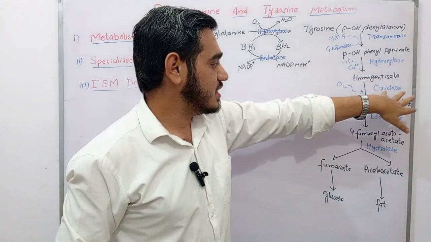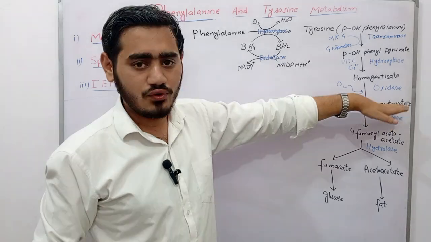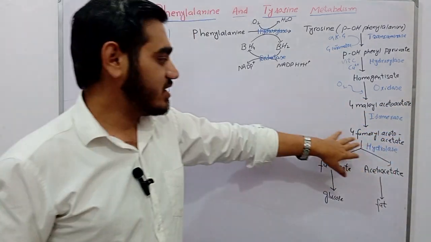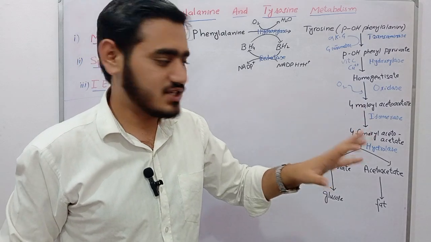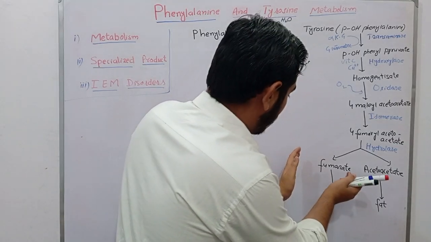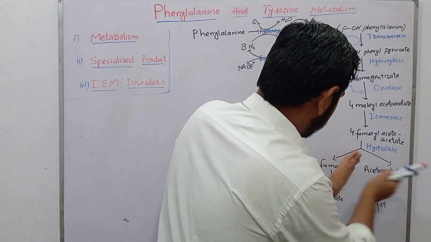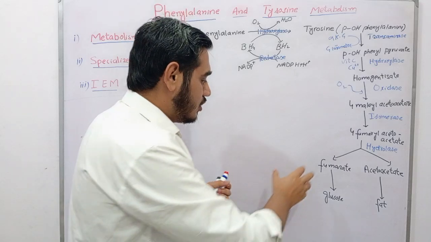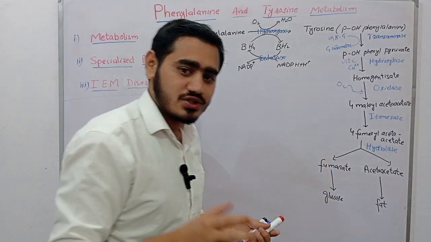With the help of oxidase enzyme, there is a formation of 4-maleylacetoacetate, with the help of isomerase enzyme, 4-fumarylacetoacetate, and with the help of hydrolase enzyme, fumarate and acetoacetate. This fumarate is an intermediate of the TCA cycle, and it enters through the gluconeogenesis process.